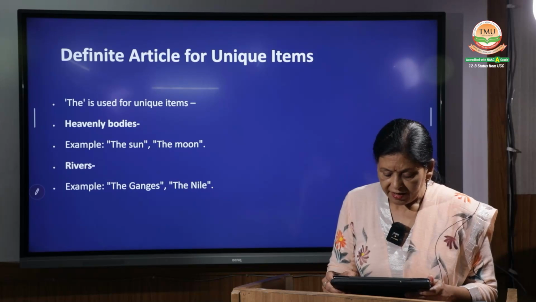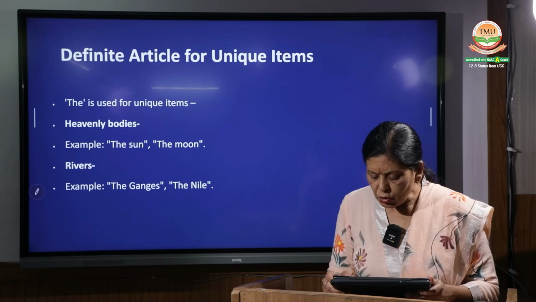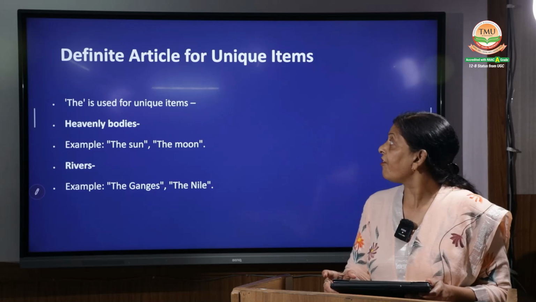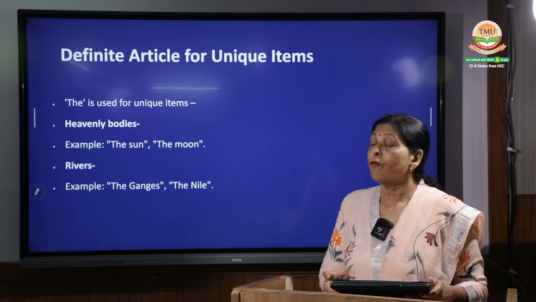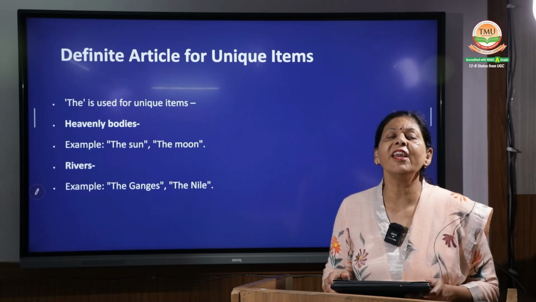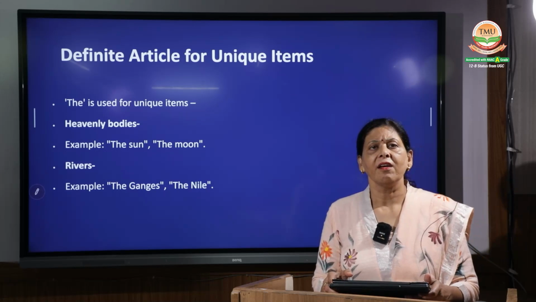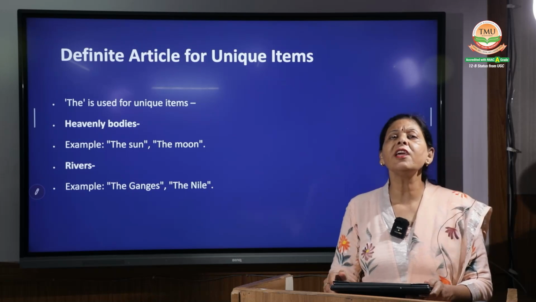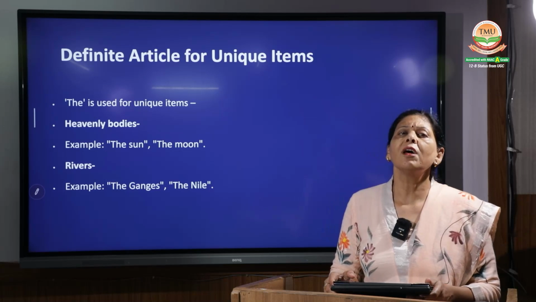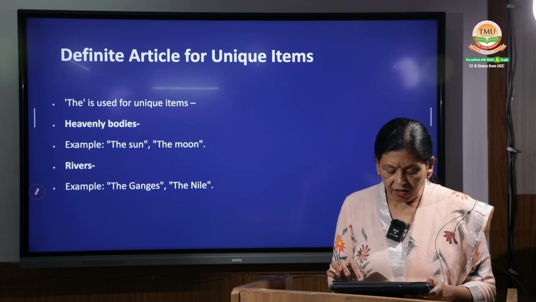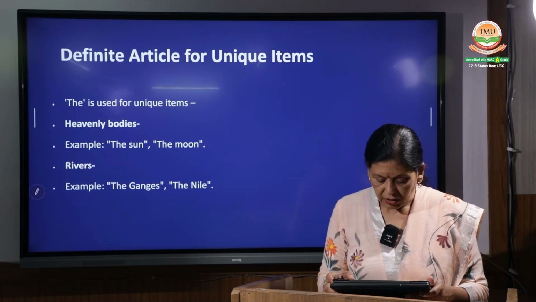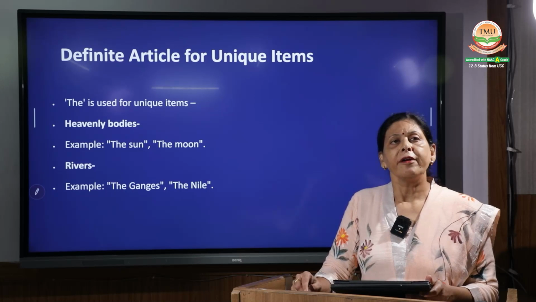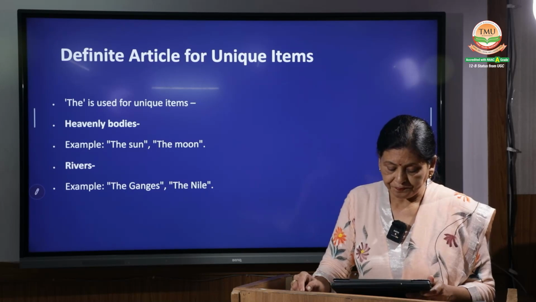Then the definite article for unique items: we use the definite article the for unique things, that is, before heavenly bodies, when we refer to the sun, the earth, the moon. So in front of these unique heavenly bodies, we use the word the. Then the is used in front of the names of different planets.